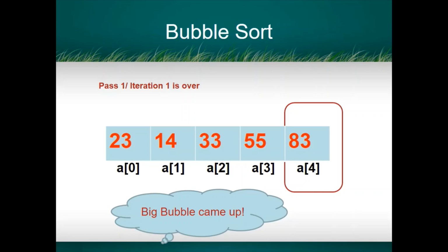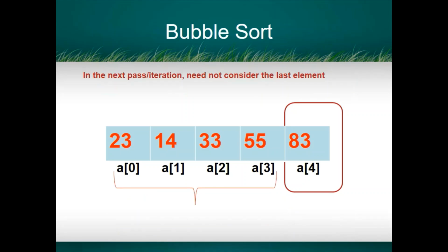So from now onwards, in the next iteration or next pass, we need not consider 83 because 83 is already in the last position. Now we need to process the first four elements, a of 0, a of 1, a of 2 and a of 3.